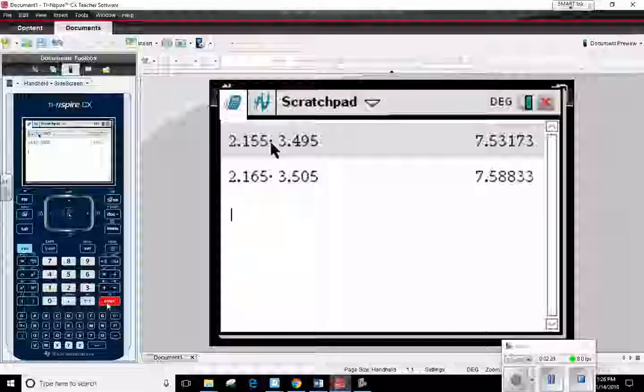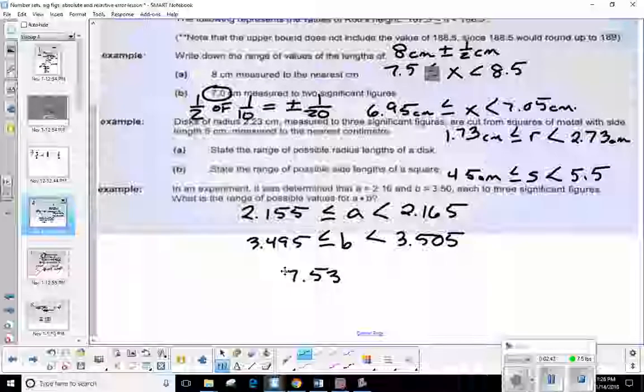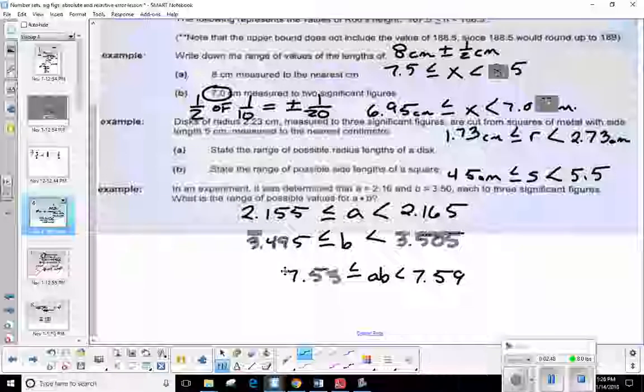And then we want to stick with the same number of significant figures, so I'd say 7.53 and what? 7.59. So 7.53 to 7.59 is going to be the range of values for the product. Did anybody have any questions on that one?